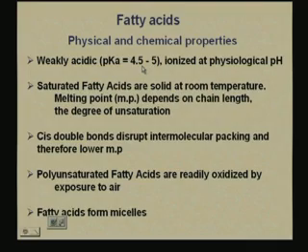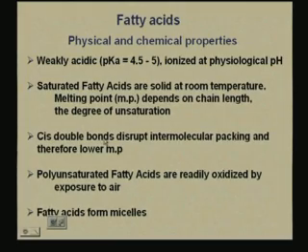So, we have weakly acidic fatty acids. The saturated fatty acids are solid at room temperature. The melting point depends upon the chain length and the degree of unsaturation. The cis bonds, with the kink in the cis bonds, disrupt the molecular packing. Okay.